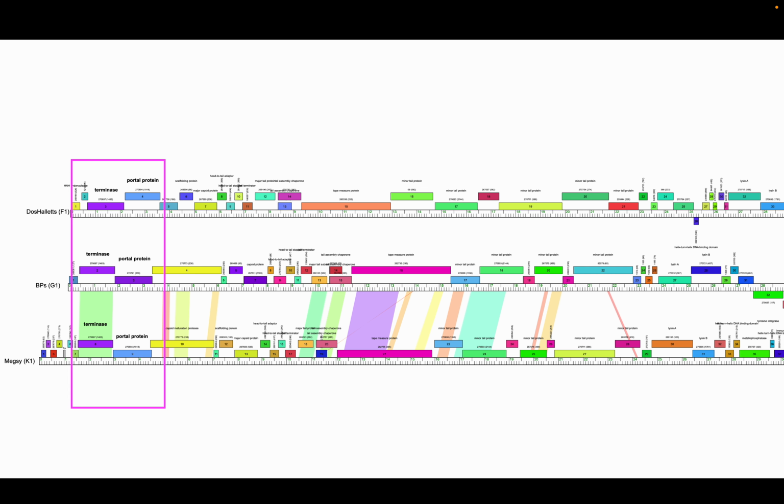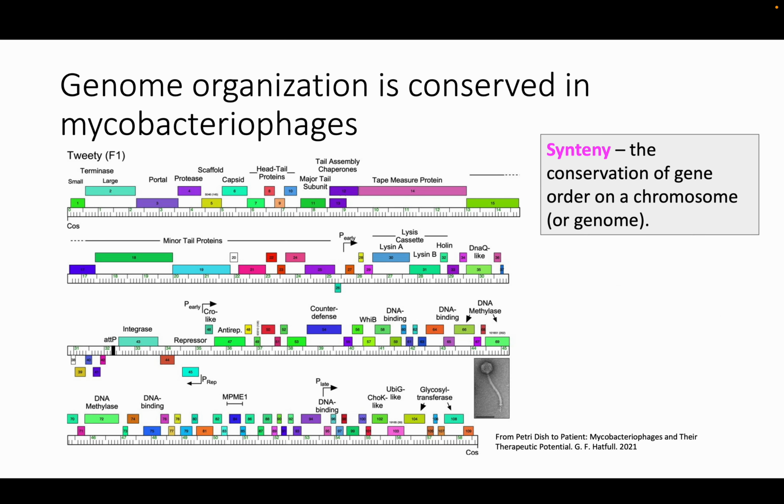For example, the terminase genes are typically found at or nearly at the beginning of the left arm. The terminase genes are nearly always followed by the portal protein genes. Where the gene order is conserved on a chromosome or genome, this is called synteny.